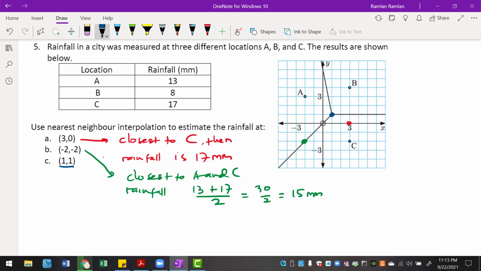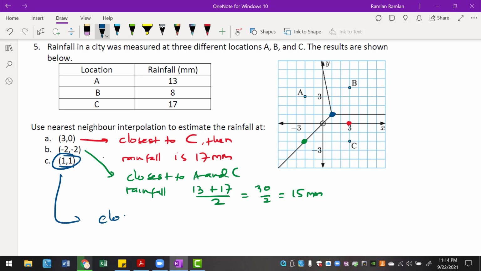Okay, so for this point, it is exactly on the vertex. It has the same exact distance to B, to A, and also to C, right? So using the concept that we used to answer the previous question, where the point was close to A and C, so we used A and C, for this point here, 1 comma 1, it's closest to all of them, so we can use all of them, right?